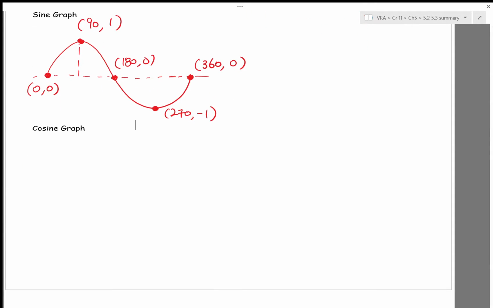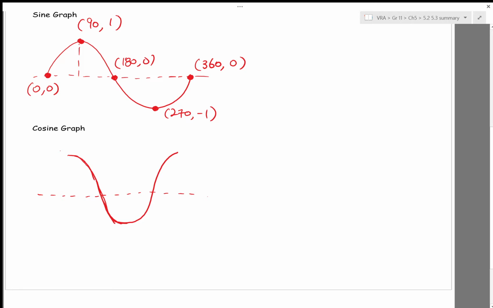Now, let's take a look at the cosine graph. The cosine graph looks like some sort of a bell. It's not really the best graph, I'll say. I'll just try one more time. I think it's still not the best, but it looks somewhat like this. The equation of the axis goes through the middle again, always in between the max and the min.